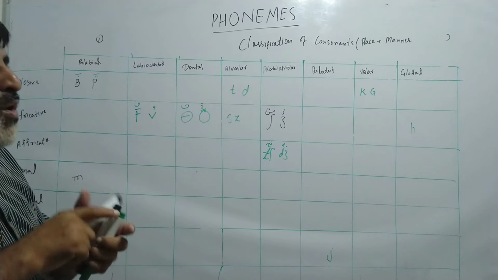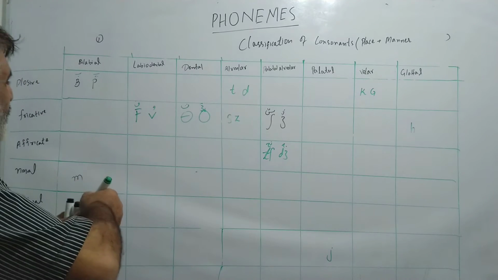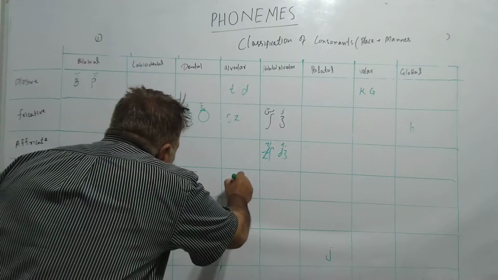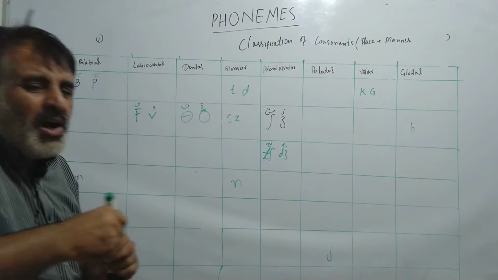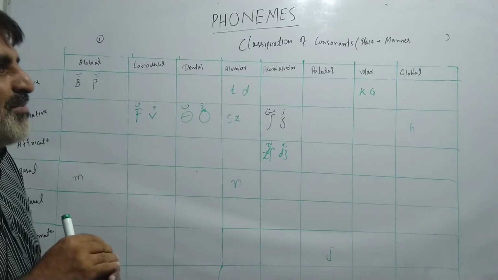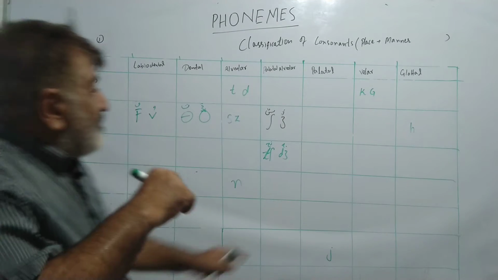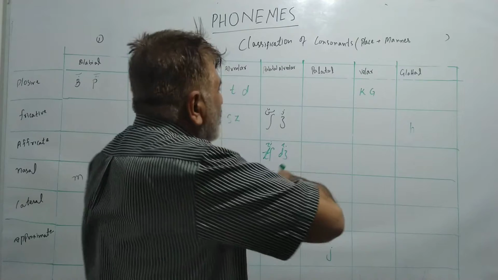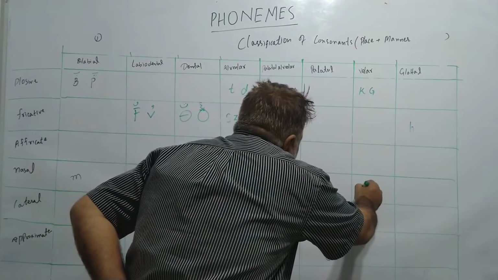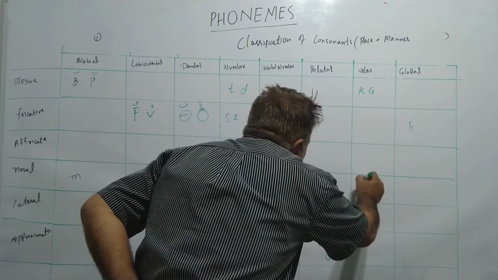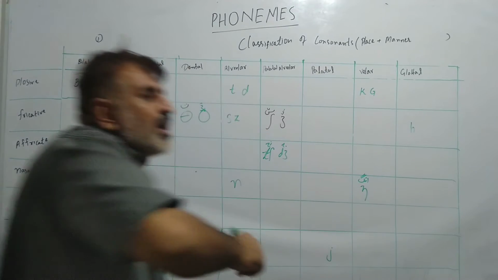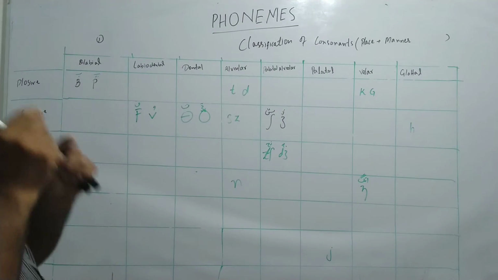Then we have one more alveolar sound, na, which is also a nasal sound. And one more nasal sound, the ing sound. So this is also important.